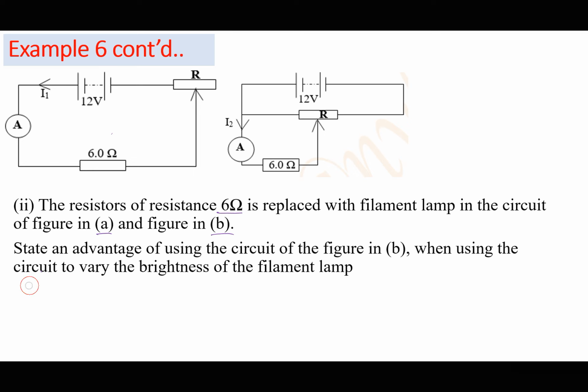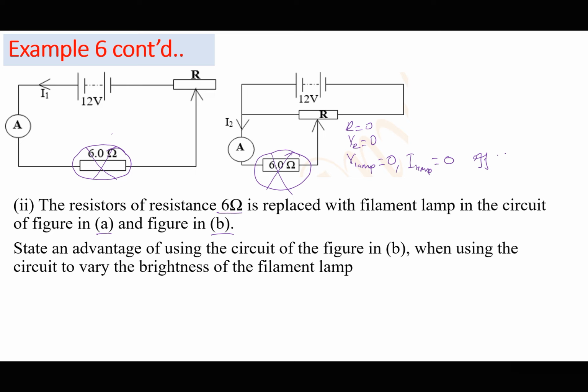So they have replaced this with a filament lamp, I think. They have also replaced this with a filament lamp. So we have already seen that when R is 0, the PD across R is going to be 0, which would mean the PD across the lamp will also be 0. So the current in the lamp is going to be 0. So it means this will be off.